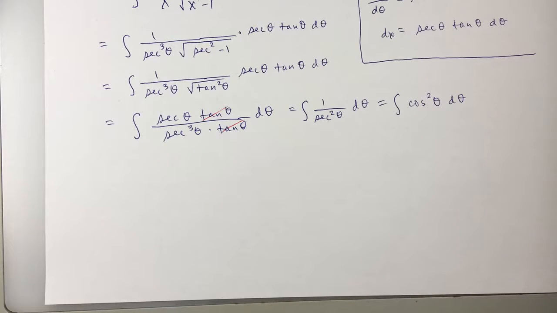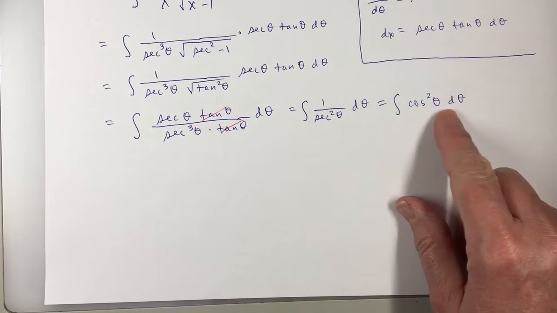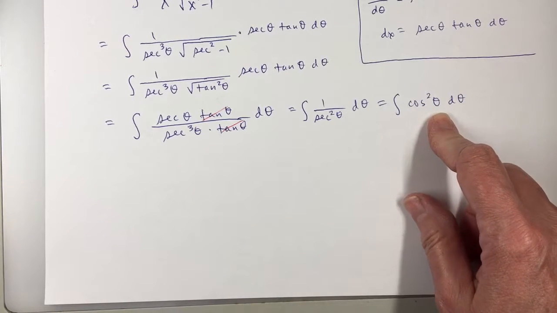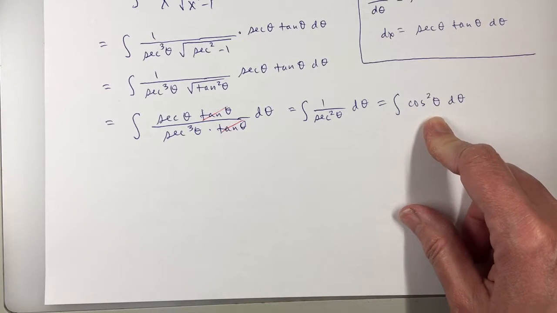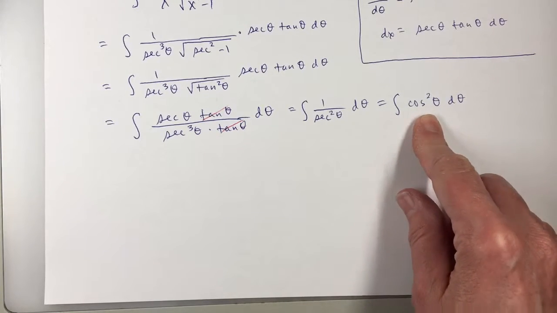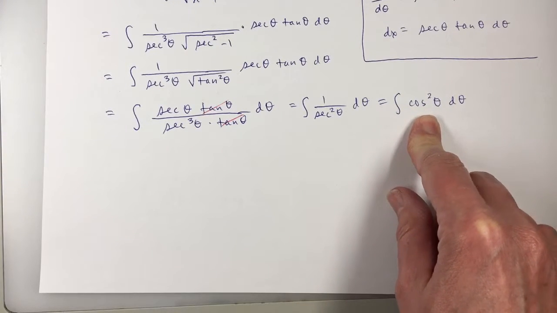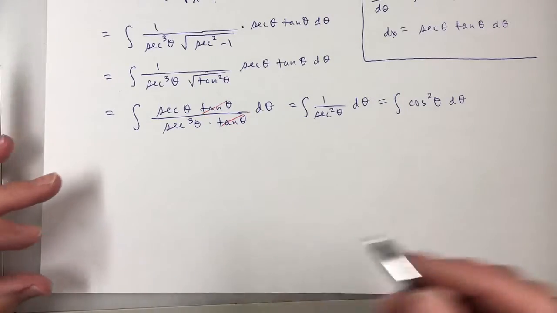So now I have the integral of cosine squared theta, and this is one of those integrals I had warned you about. We had done, in fact, some, I don't remember if it was sine squared theta or cosine squared theta, but here it is as a smaller part of a much bigger problem.